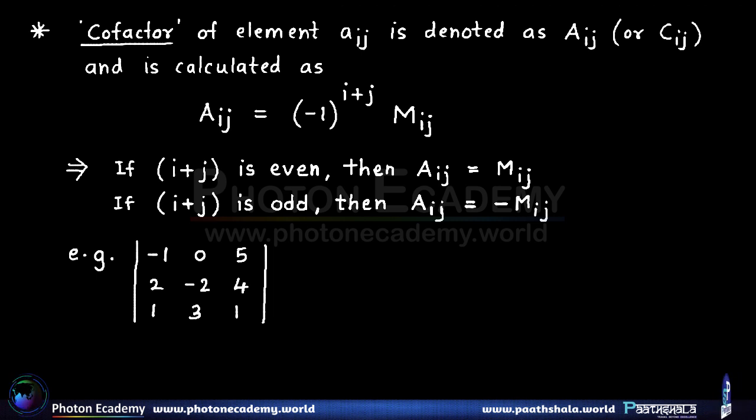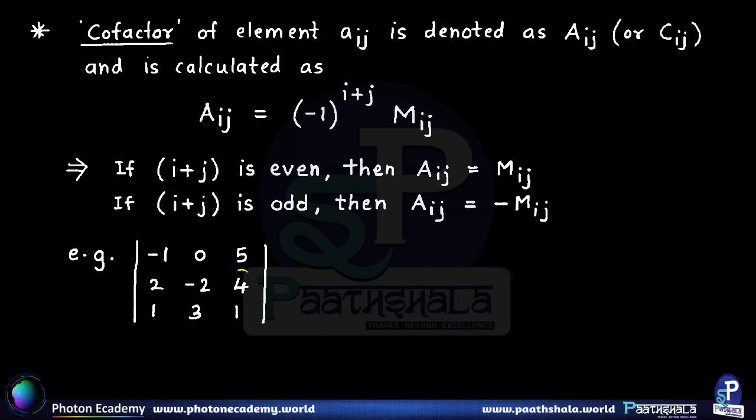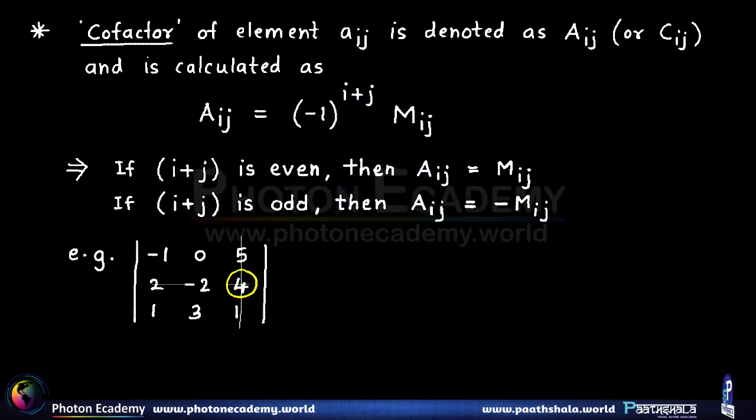Now let us practice finding the cofactor of some element. Say we want to find the cofactor of element 4. We see that the element 4 is present in the second row and third column, so we mentally remove that row as well as that column. What remains is the determinant of -1, 0, and in the next row 1 and 3.